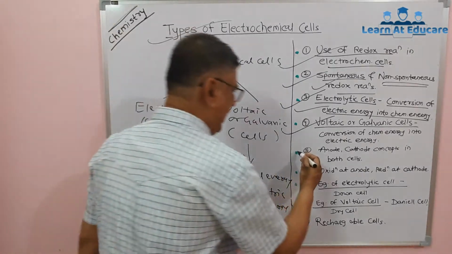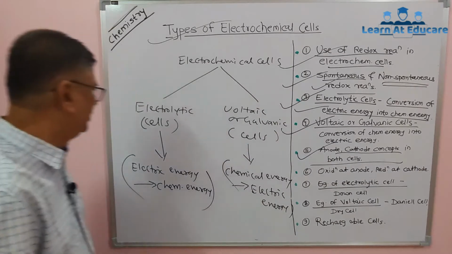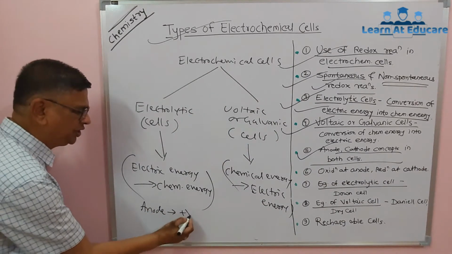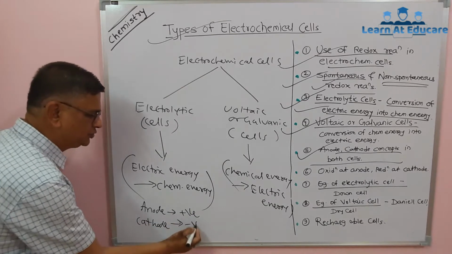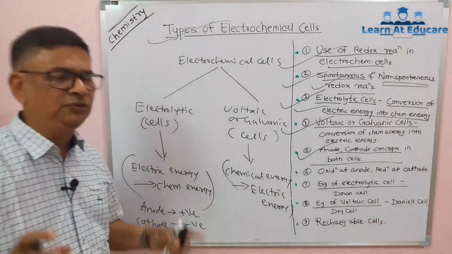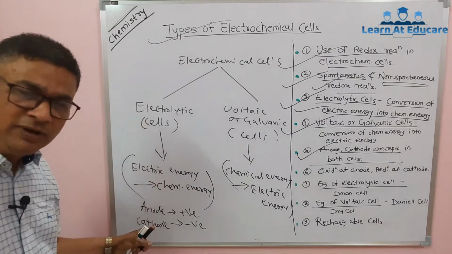Now the anode and cathode concepts are very opposite in both cells. In an electrolytic cell, remember, the anode is always positive while the cathode is negative. Students have always fixed in mind that anode is positive and cathode is negative. No doubt, it is correct, but it is only in the case of an electrolytic cell.